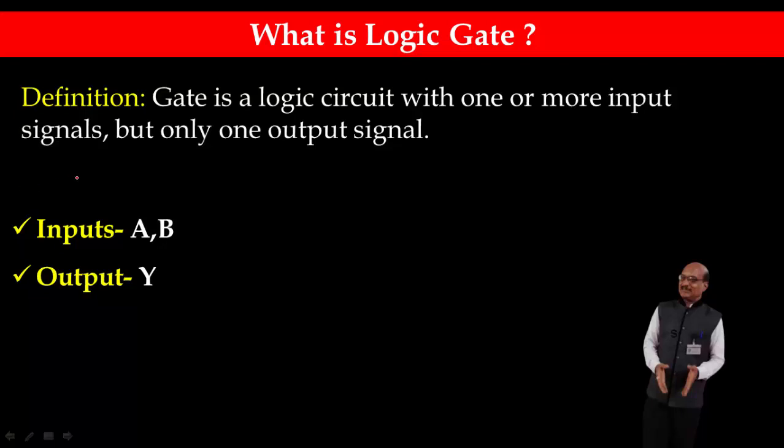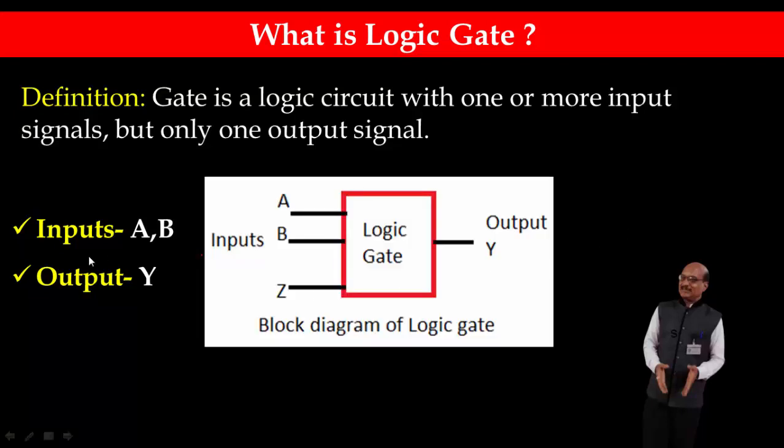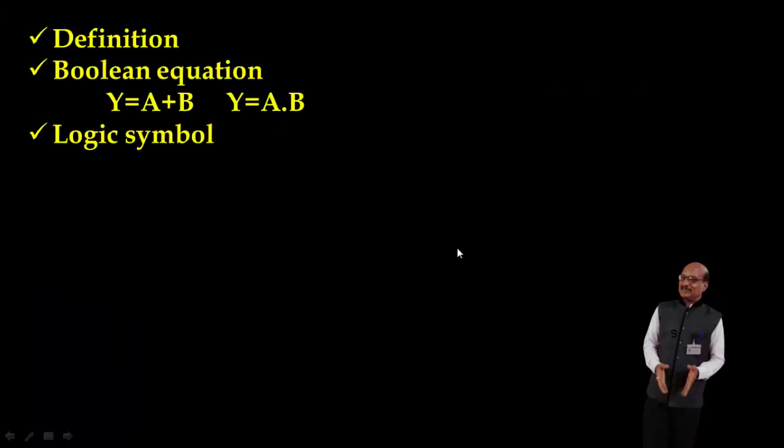So this circuit has only... now let us see the logic gates with the help of this block diagram. So this is the electronic circuit or a logic circuit which has got more than one input and there is only one output.